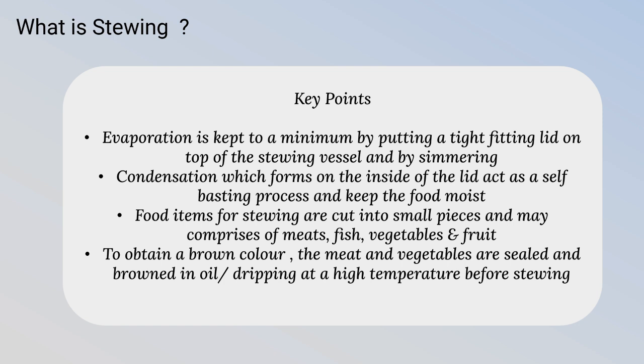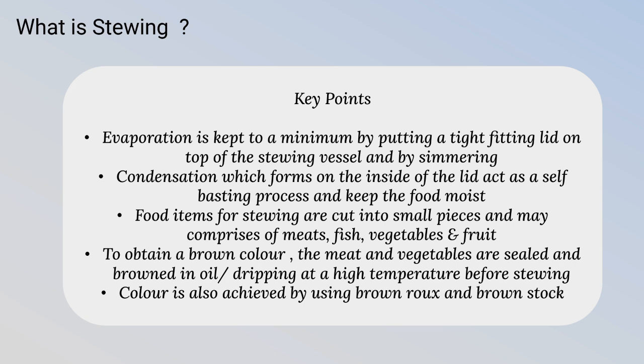So whenever you are putting the meat in the stewing process, seal them. That means lightly cook them in oil or dripping of fat, so that the outer part of the meat will be colored brown, and that brown color will make the stew light brown also in color. Color is also achieved by using brown roux and brown stock. You can also get the color by using brown roux and brown stock.